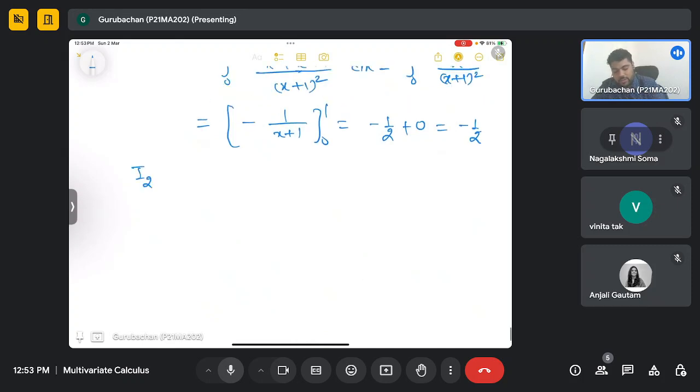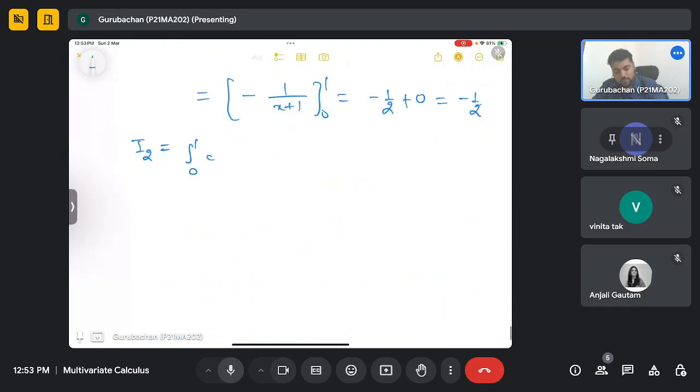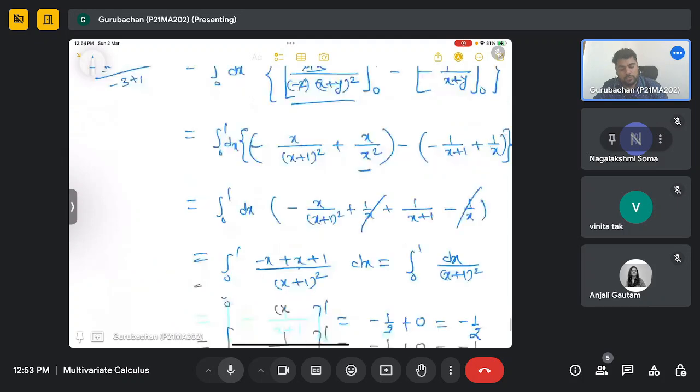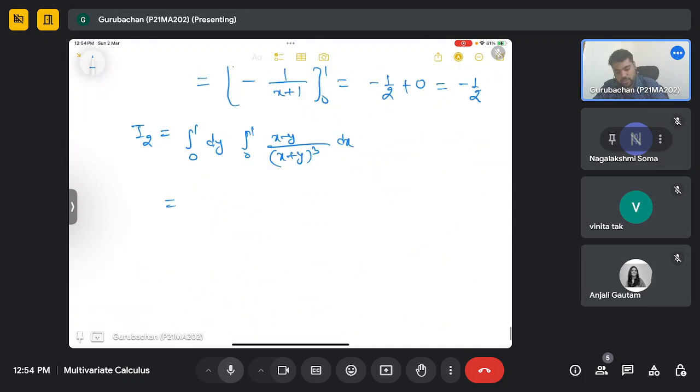So now if we change the order of integration, 0 to 1, this is dy this time second, and here it is maybe looking first, but it should be second. So this will be (x minus y) divided by (x plus y) cube dx. So with respect to integrating dx, we need to here make x plus y minus y.